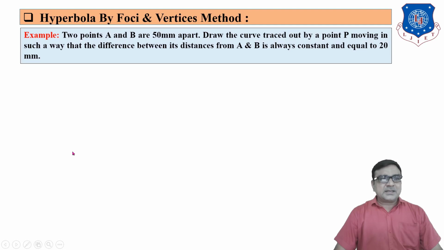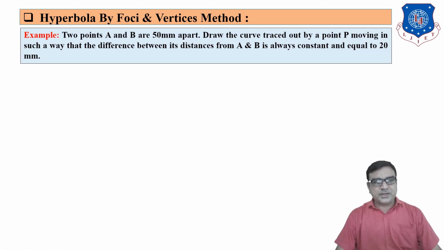Now let us see one example regarding the foci and vertex method. Two points A and B are 50 mm apart. Draw the curve traced out by point P moving in such a way that the difference between its distances from A and B is always constant and equal to 20 mm.